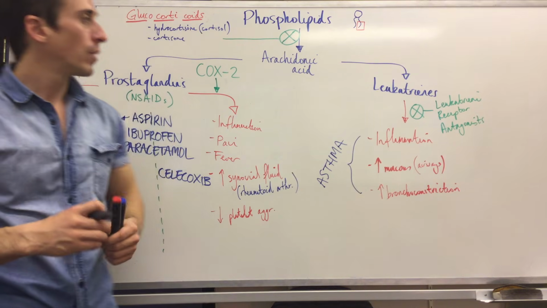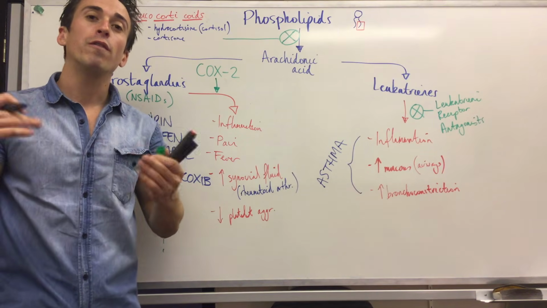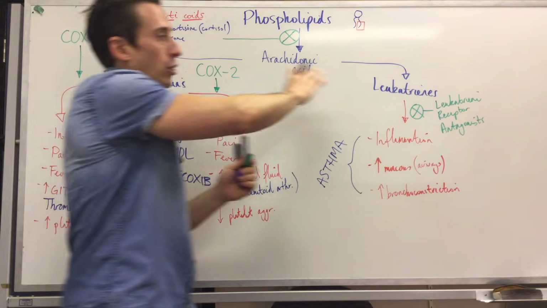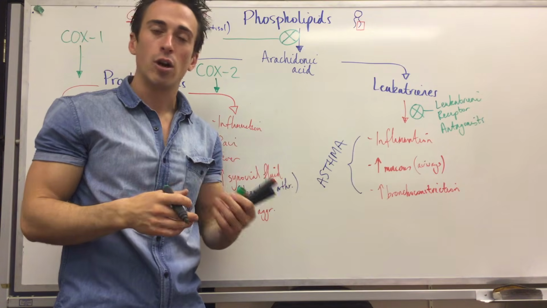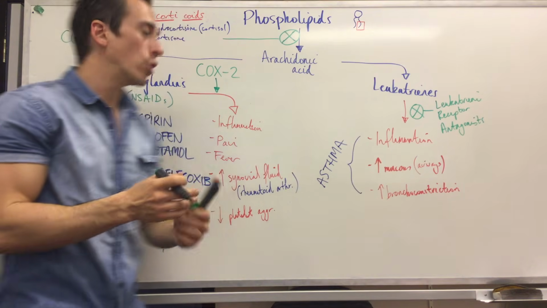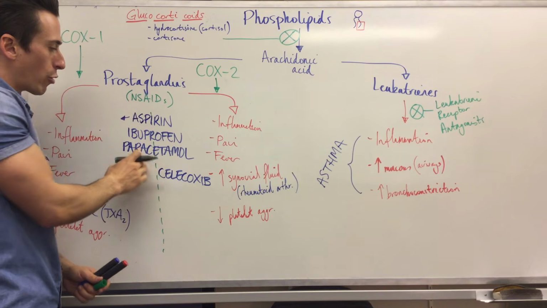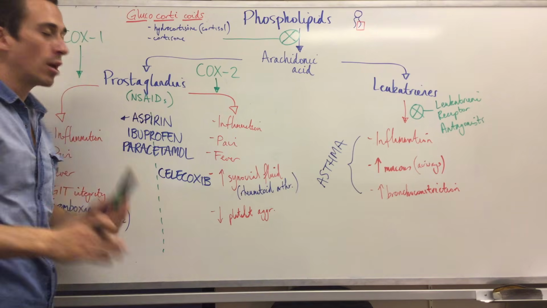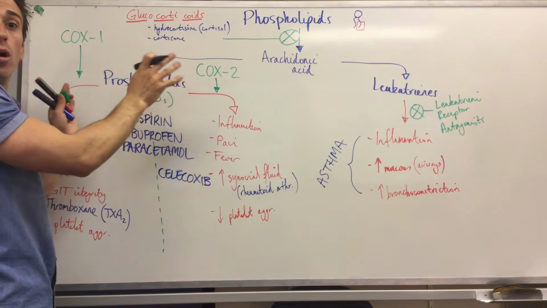Okay? So, I hope that this makes sense, talking about some of the pro-inflammatory agents, such as prostaglandins, leukotrienes, and we mentioned histamine and bradykinins and cytokines and so forth. We spoke about the non-steroidal anti-inflammatory drugs, such as aspirin, ibuprofen, paracetamol, and celecoxib, and the fact that they work by inhibiting prostaglandins from being made either from COX-1 or COX-2 or both.